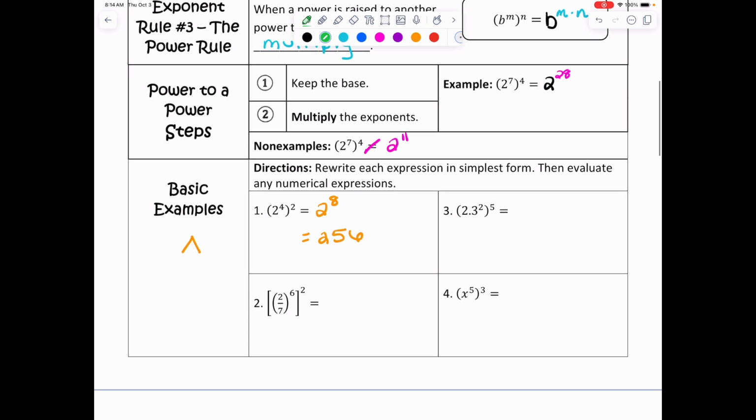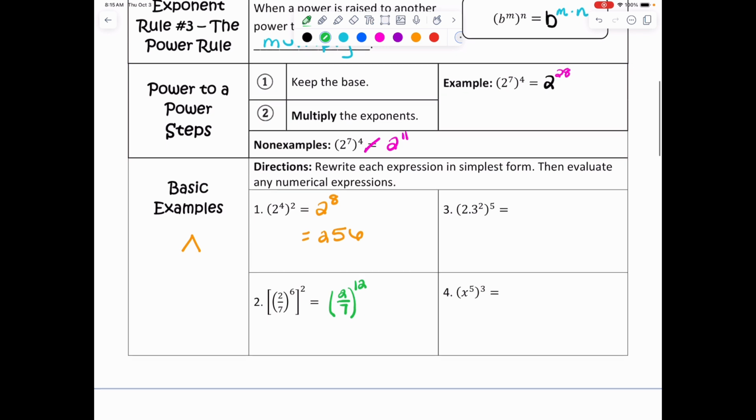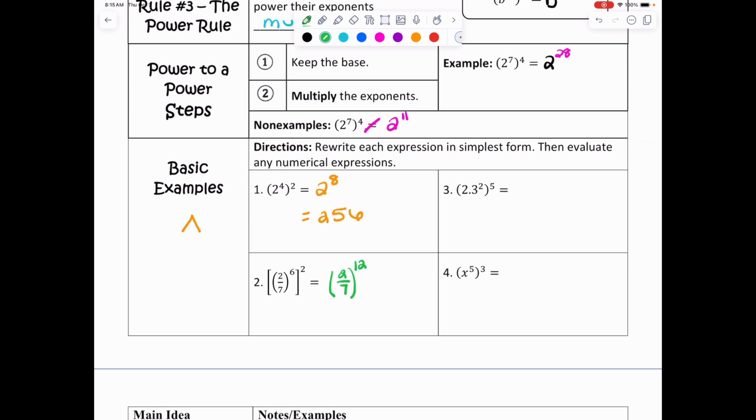In number 2, our base is 2/7 to the 6th. Okay, and then that is raised to the second power. So we're going to keep our base of 2/7, making sure we keep it in parentheses since it's a fractional base, and 6 times 2 would make 12. So on your calculator, you're going to type the parenthesis key, then you use your fraction template to enter 2/7, close your parentheses, and raise this to the 12th power.